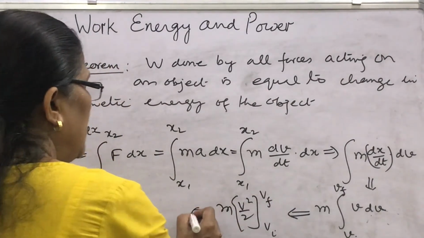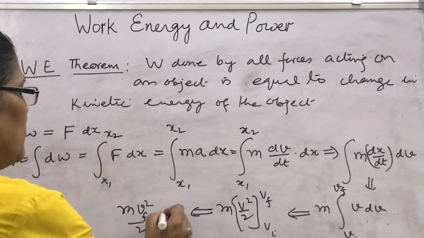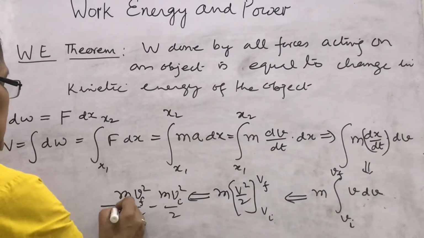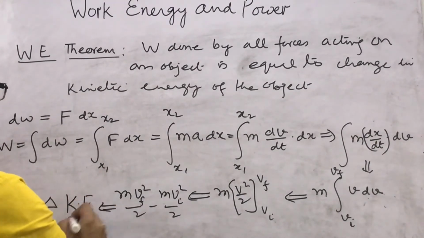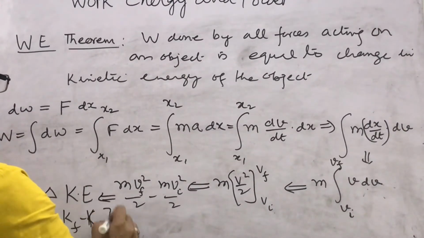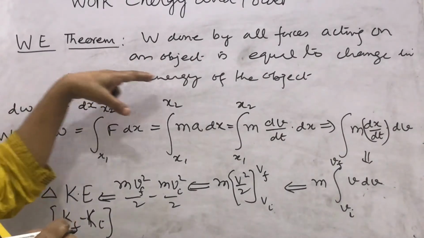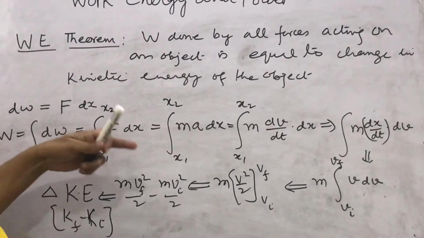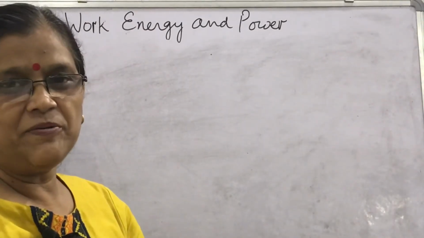So finally we get m v final square upon 2 minus m v initial square upon 2. This is the change of kinetic energy, that is k final minus k initial. So in this way, when the work energy theorem is to be proved for a variable force, these are the steps in the work energy theorem.